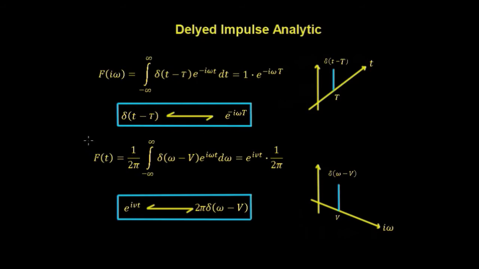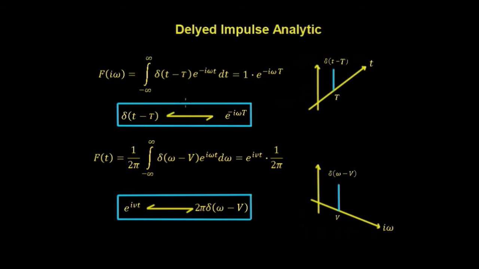We could do the same thing with a function in the frequency domain. Whenever we delay a function in the frequency domain, it is equivalent to an exponential function in the time domain. Although we're not bothered with this for the moment, we could just look at the top one first of all.